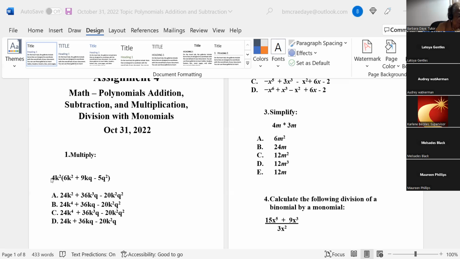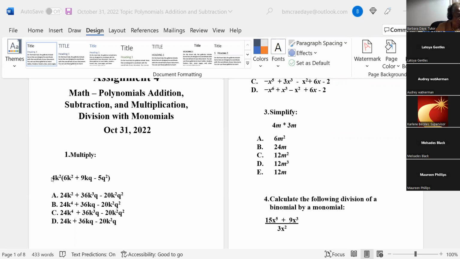So just that first step, you can eliminate which two choices, Mercedes? A, and what's the other one? D. D, that's right. So just doing that first step, 4k to the second times 6k to the second.